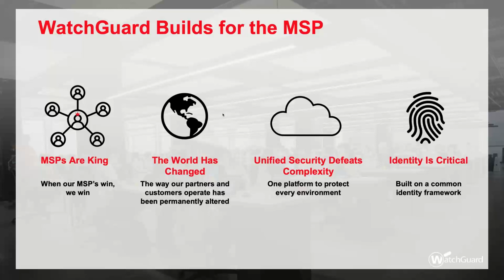And the fourth pillar for us is all about identity. It always has been. It was the first service that we built in WatchGuard Cloud, and identity drives everything that we do. We've extended that with our risk framework, so we have identity and risk permeating throughout the entire platform.